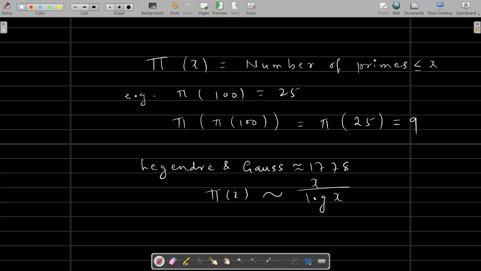I hope most of you know log x, but otherwise we'll be doing the function log x in our algebra course later. So for now, I'm not saying much about log x. So pi of x is almost about x by log x.